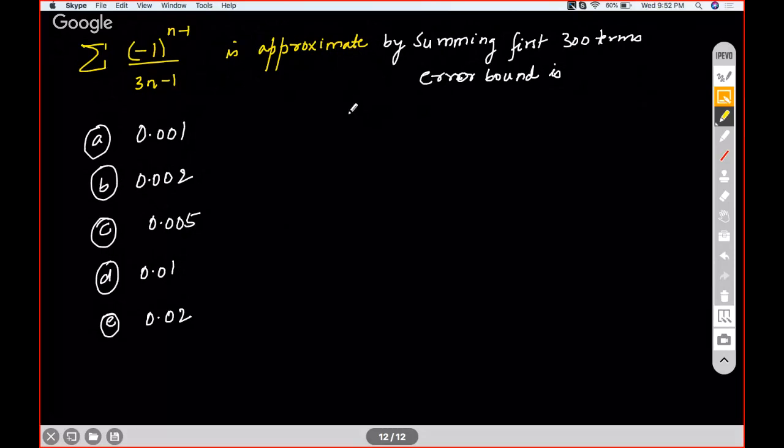So just to say, I don't think it should take so much time. This is your error bound, right? So is it D? Wait one second, let me go back. So 1 by 903 minus 1, it's 1 by 902.